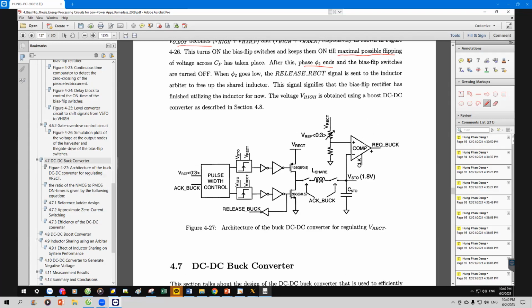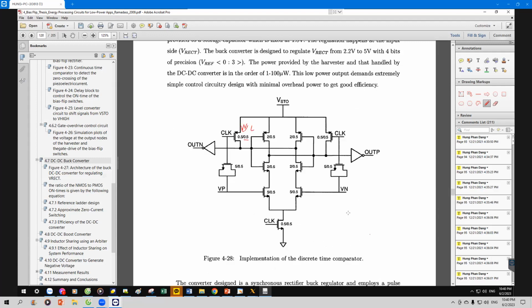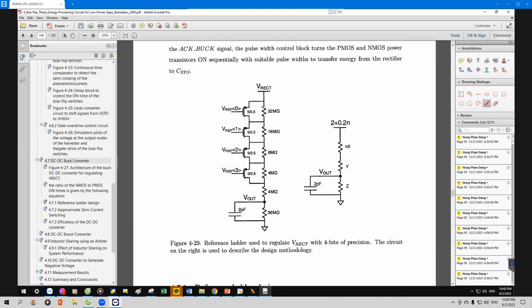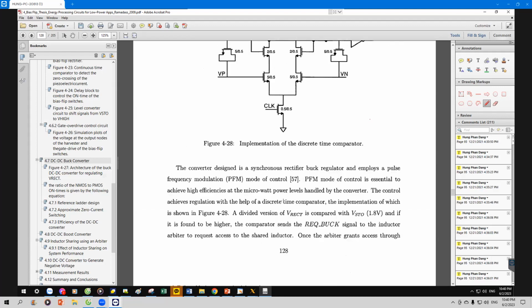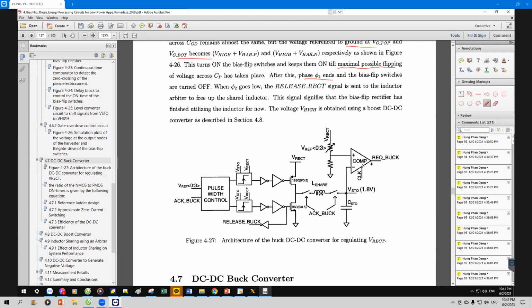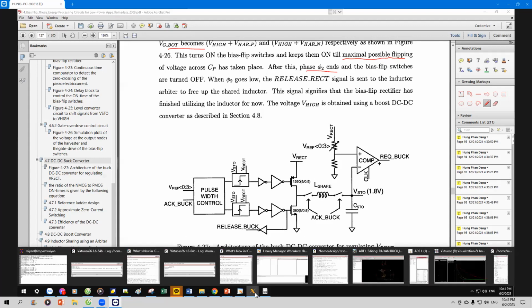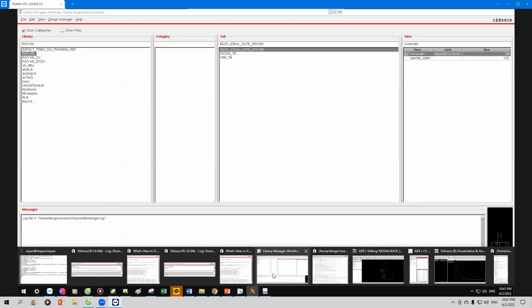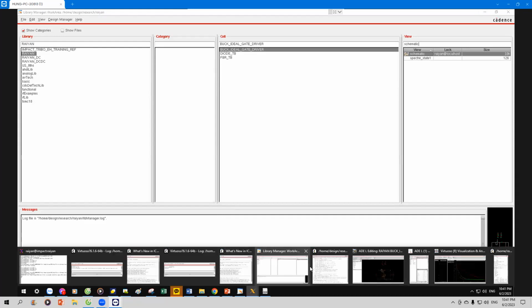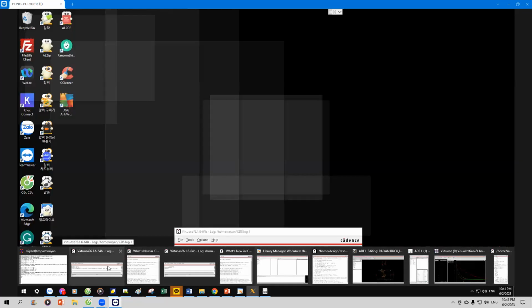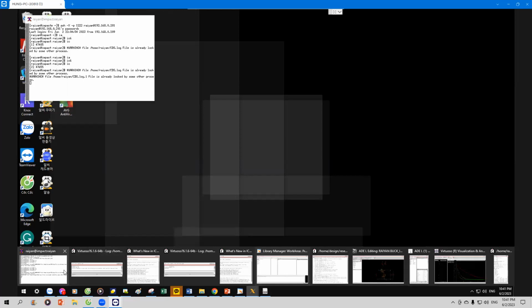So next we need to make a test bench for the comparator, power control and register. So in my previous work, I have a comparator. I will show you.